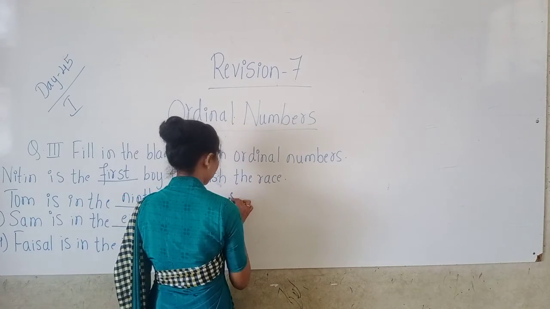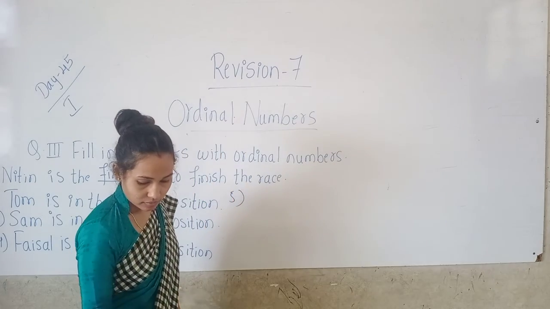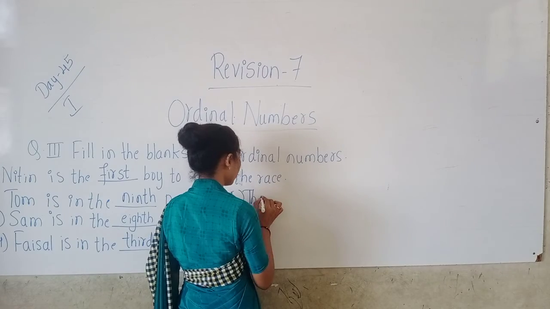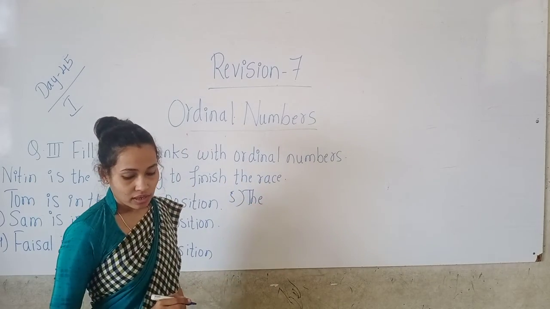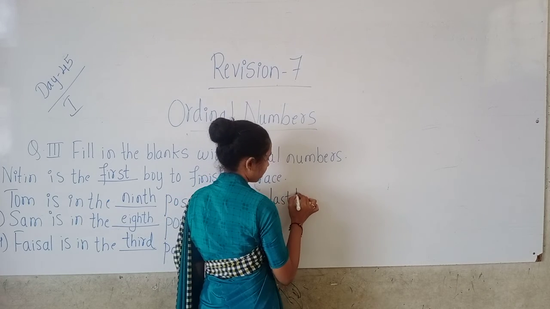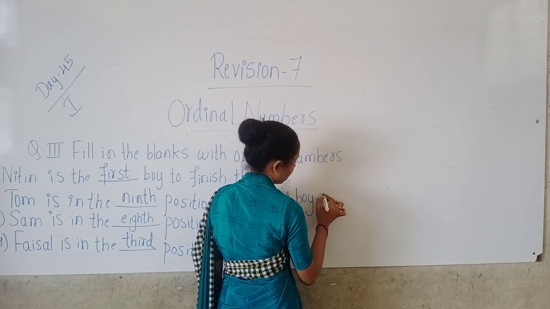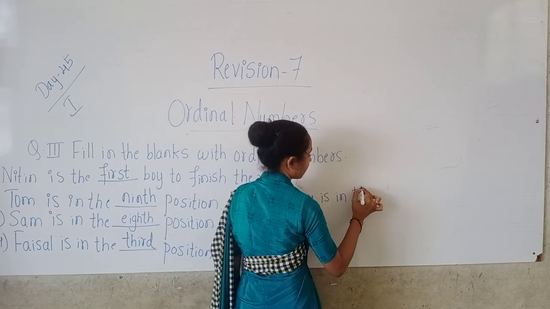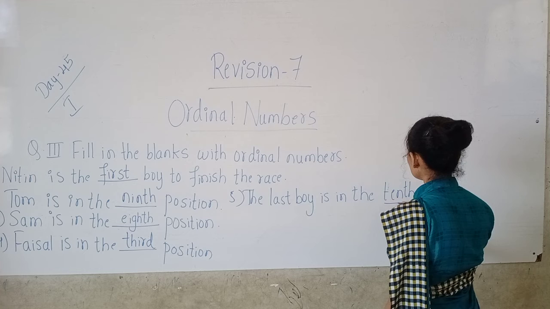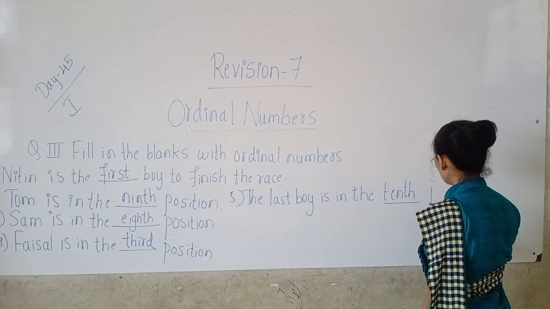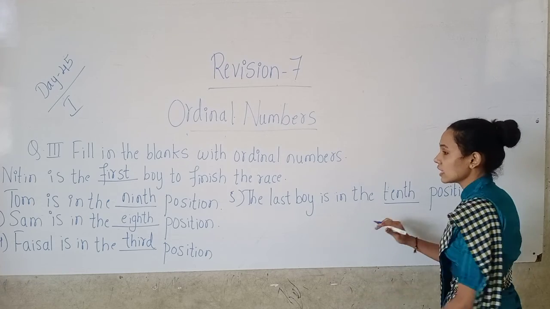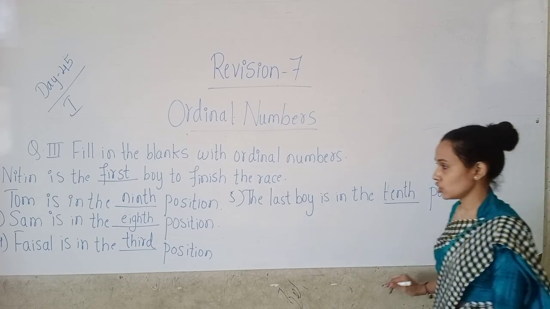Okay, fifth one. The last boy is in the dash position. Can you see the last boy, Ram? What is his position? Yes, his position is 10th one. We should write these ordinal numbers in words, children. The last boy is in the 10th position. Okay.